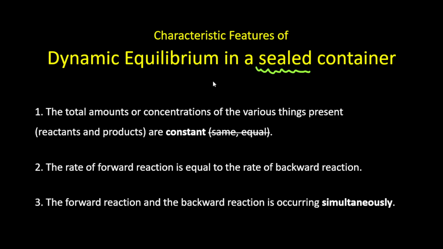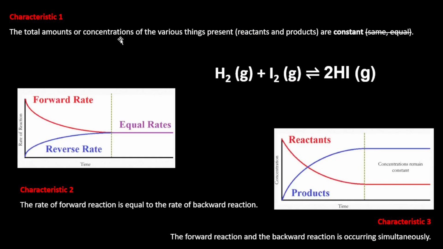So these are the three properties that you are going to learn, and I'm going to tell you how each of them works. The first characteristic is that the total amounts or concentrations of both reactants and products are constant. Notice that you cannot write same or equal at all. Why?